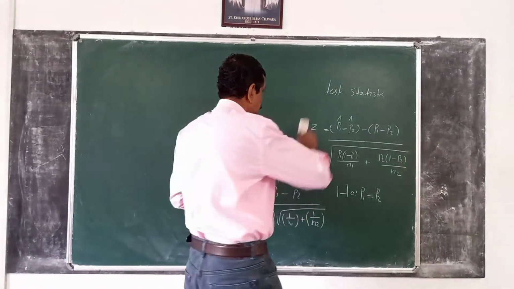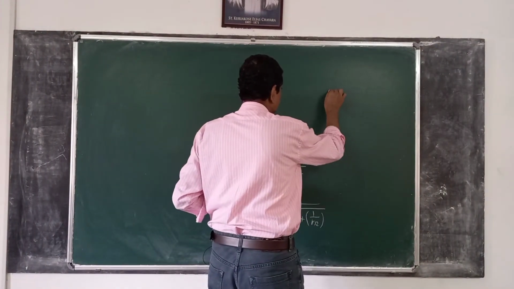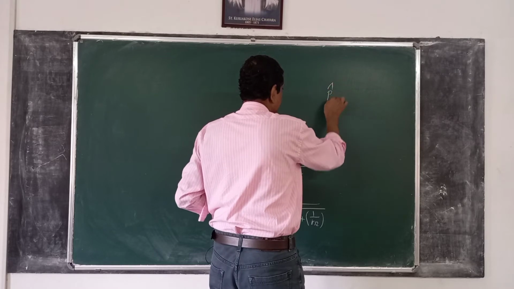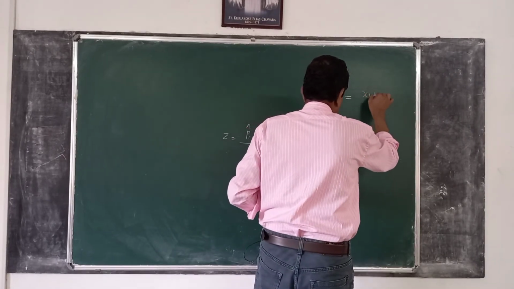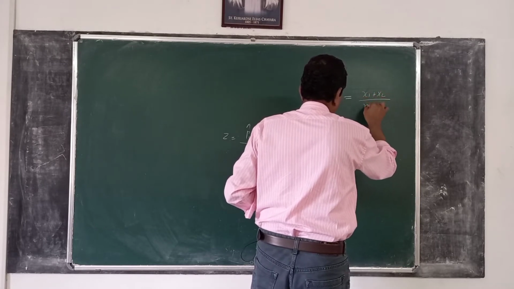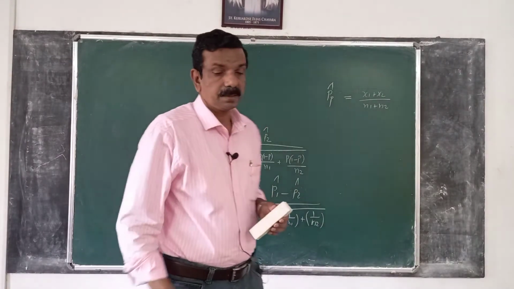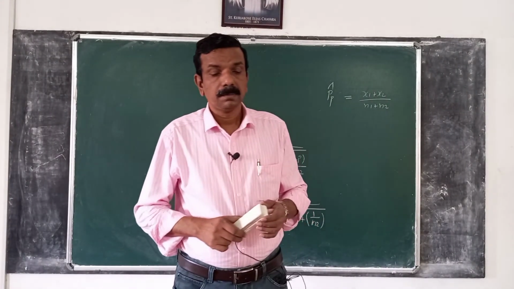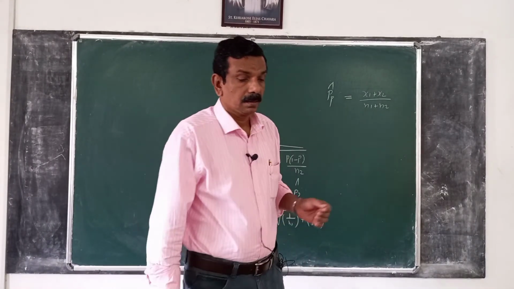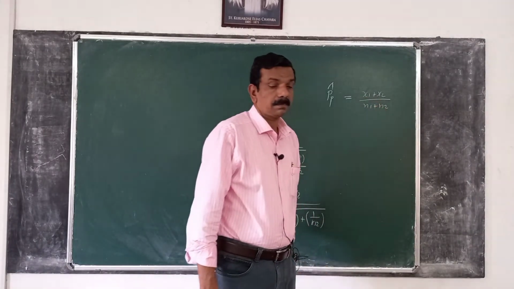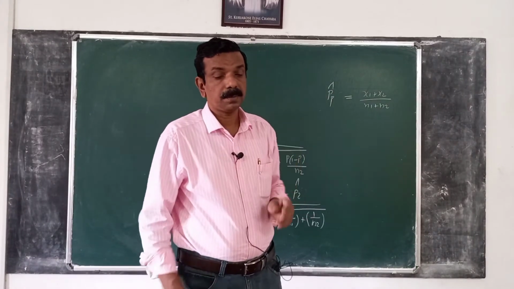So we use as our estimate p hat equal to (x1 plus x2) by (n1 plus n2). That is, p hat p is the pooled sample proportion.